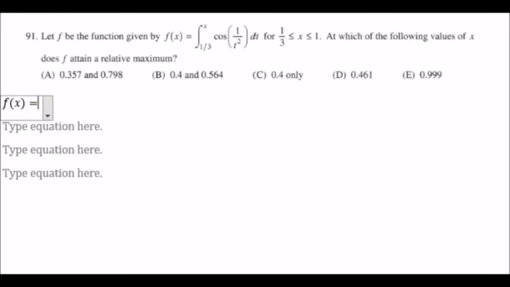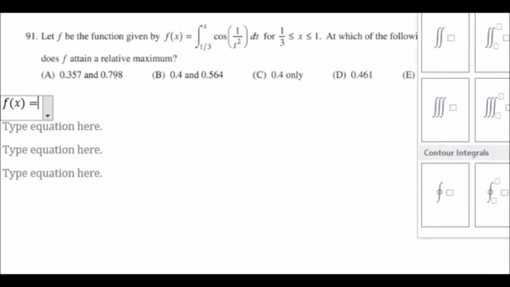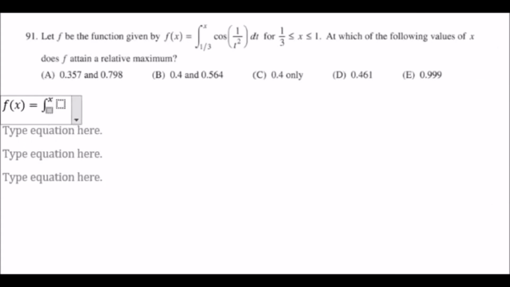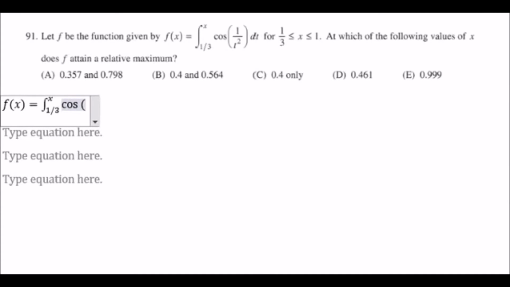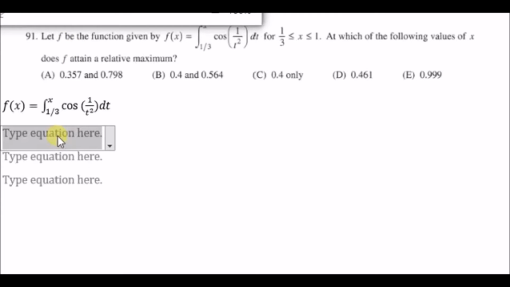And I'll be right back with that notation. Alright, so now we have the notation in here. Now I'm going to fast forward a little bit again, just so we can hurry through.